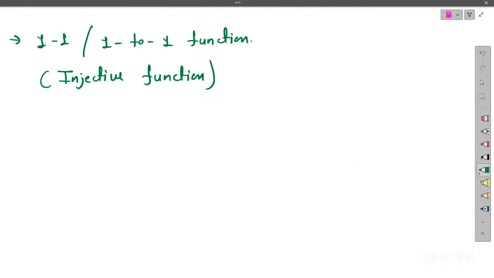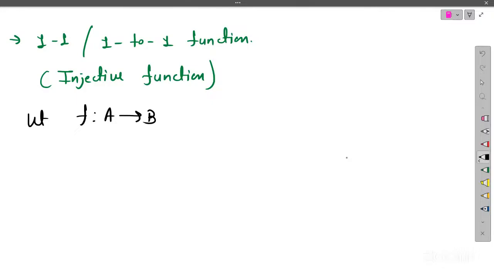Again, we have to assume a function. So suppose f is a function from A to B. This is a notational way to write that f is a function from A to B. Here A is the set of domain, B is the set of codomain.